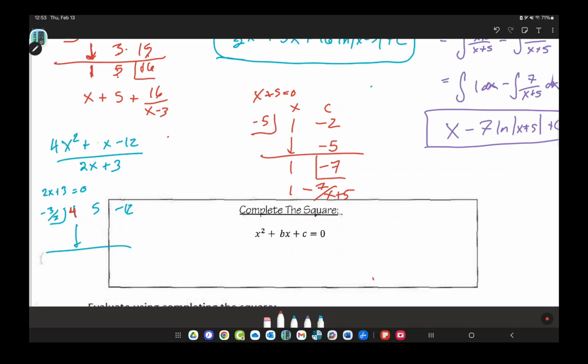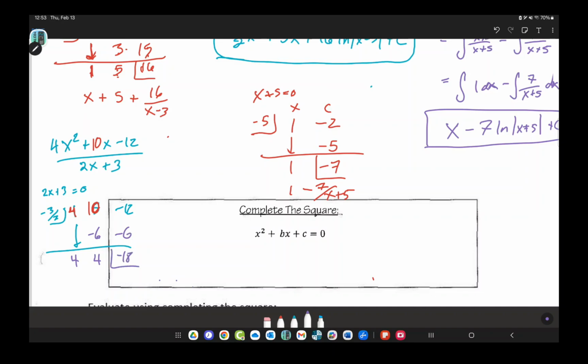Yeah, so it works out a little better. So if we did this, we would end up with 4. Negative 3 halves times 4 is negative 6. That gives you another 4. Negative 3 halves of that is also negative 6, which gives you negative 18.